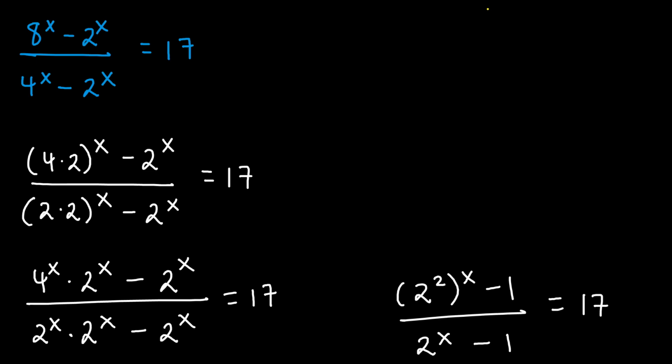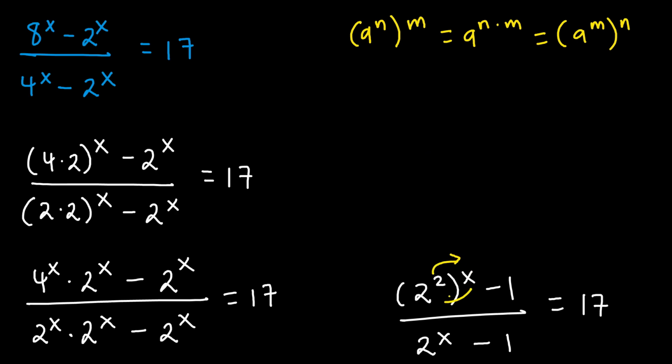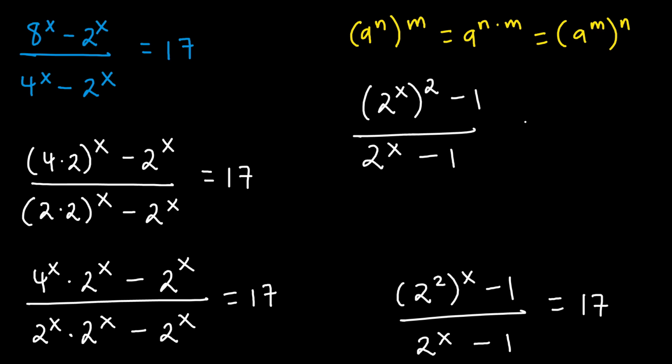And from the rules of exponents, we know that (a^n)^m is the same as a^(nm), which is also equal to (a^m)^n. So we shall take 2 to the outside and then bring x to the inside. This will give us (2^x)^2 − 1 divided by 2^x − 1 equaling 17.